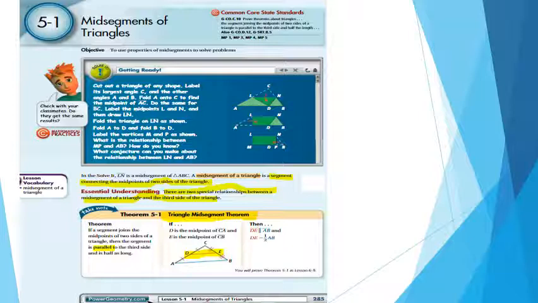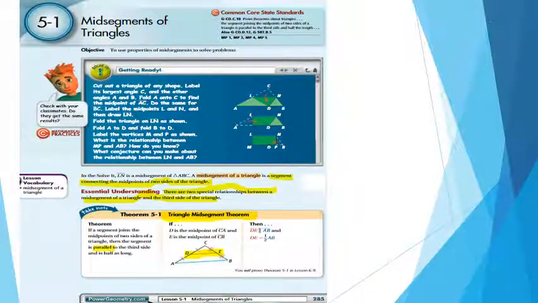So you will understand that DE is parallel to what? To AB. And DE is always half of AB. For example, if AB is 10, then DE is 5. If DE is 2, then AB of course will be double it, so 2 times 2, which is 4. This is the triangle mid-segment theorem.